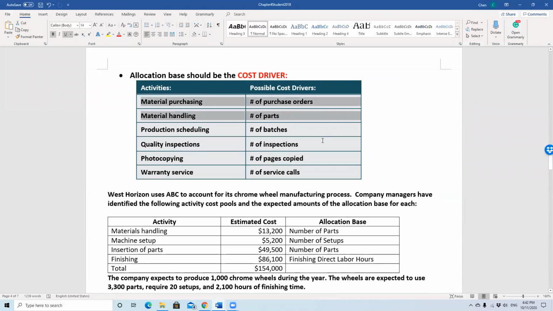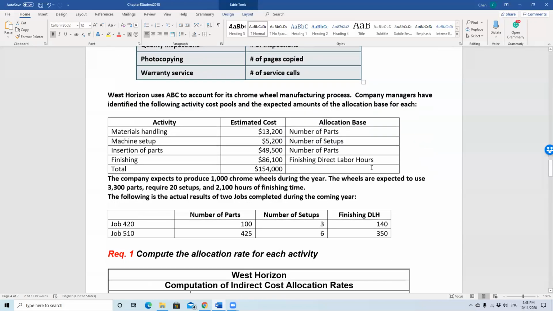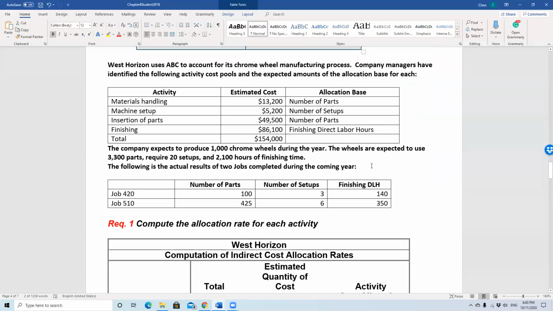For material purchasing or handling, production scheduling, quality inspections, photocopying, and warranty services, all these departments have different kinds of cost drivers. So you have to use the cost drivers to allocate manufacturing overhead to reflect the real cost of that job.